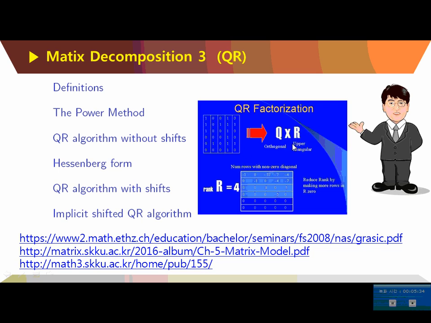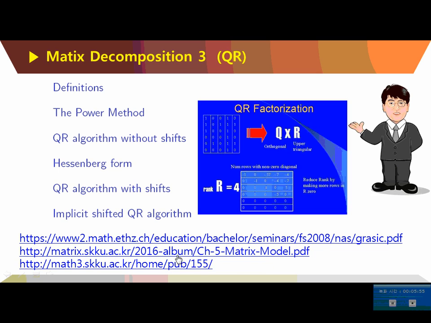Yes, this is like the given matrix can be factored as a product of an orthogonal matrix and an upper triangular matrix. So this is the whole idea. A given matrix can be written as a product of an orthogonal matrix and an upper triangular matrix, or a unitary matrix and an upper triangular matrix.